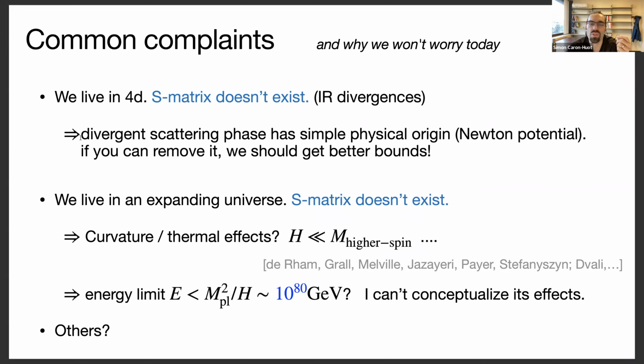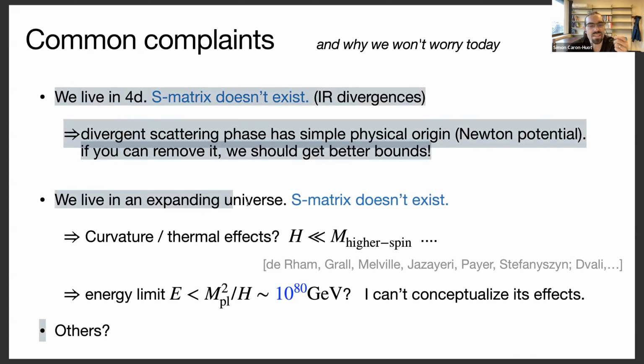That's just because the Newton potential 1 over r doesn't die fast enough. And that's the part of physics we actually understand the best. So for me, it's hard to see how this could affect the short distance physics we're interested in constraining. And basically, if you have a way of removing it, as David suggested in the morning, you're just going to get better bounds. So right now, we're going to get bounds that have an infrared log in them. I'm happy with that.